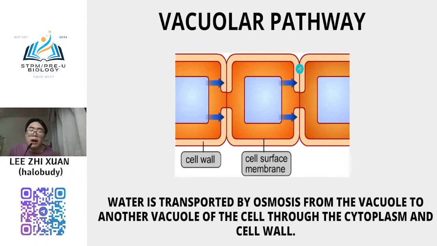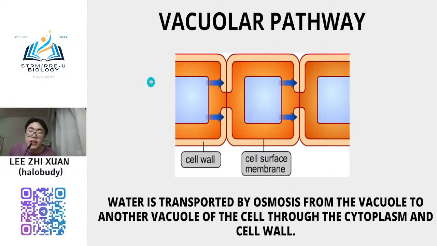Okay, next is the vacuolar pathway. The vacuolar pathway is similar to symplast, but the difference is the water is transported from one vacuole to another vacuole.